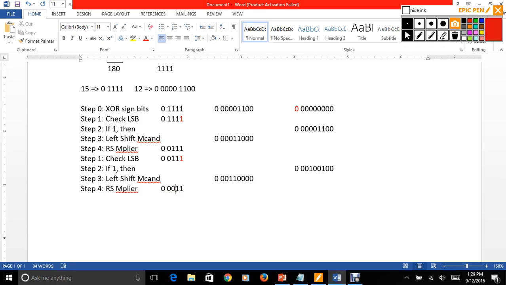That gives you 1, 1, right? And then we're going to do this again. Step 1, we check it. It's a 1, right? So you can even just circle it and say yes, as long as you're indicating properly that you've checked it.